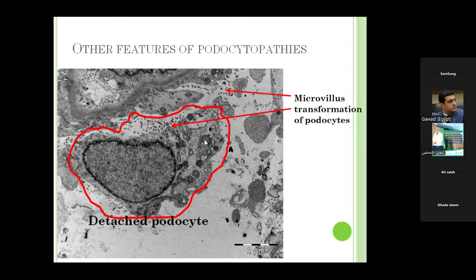I hope this picture is clear for the detached podocyte, mainly the detached nucleus or the detached head of the podocyte. And the microvillus transformation, which means that the podocytes have many microvilli like those of the intestine that are projecting into the urinary pole.